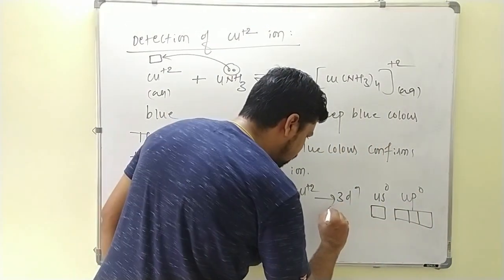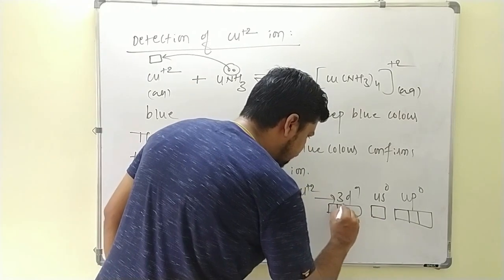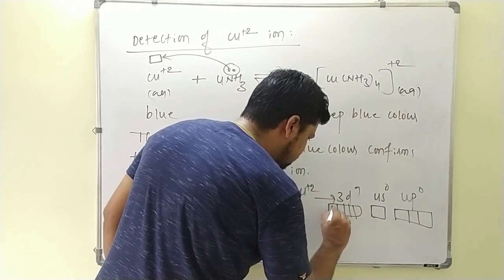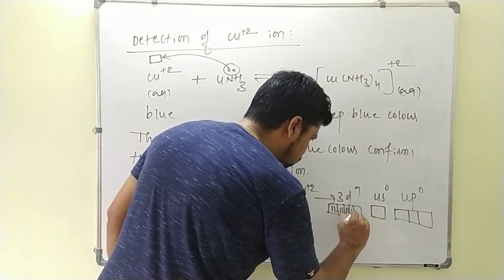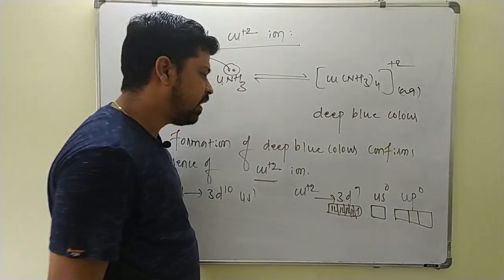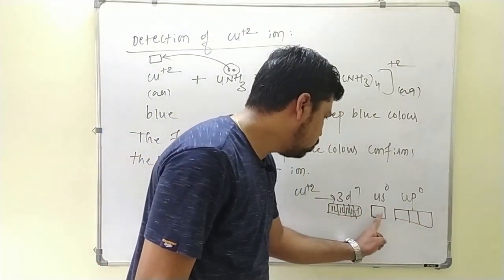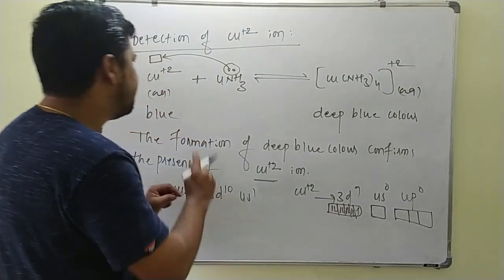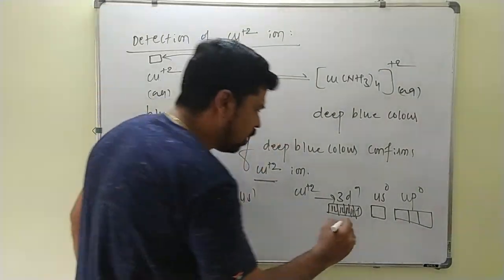In the d9 configuration, 9 electrons are present like this. 4 vacant orbitals are there. Towards these 4 vacant orbitals, each ammonia donates one lone pair of electrons like this.